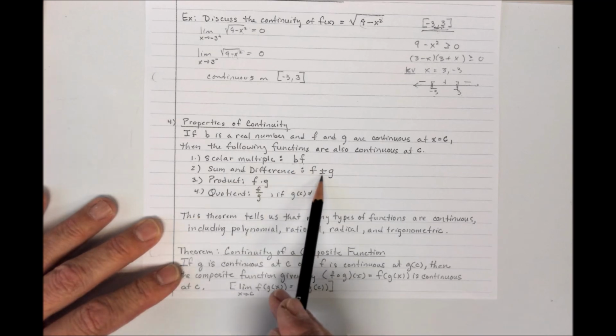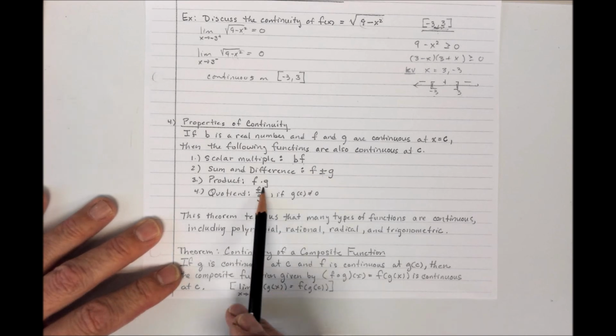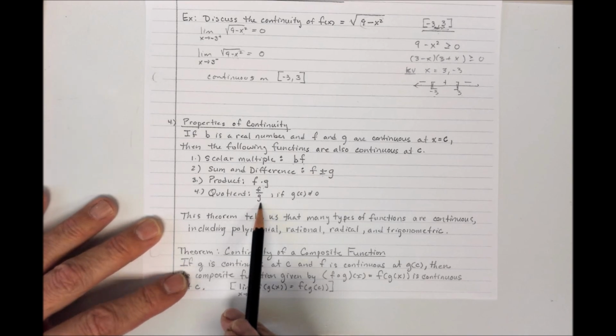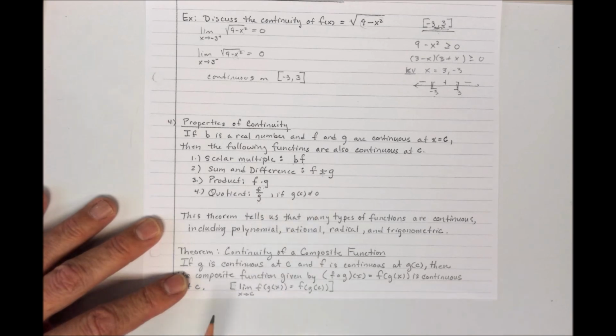The sum or difference of two continuous functions is continuous. The product of two continuous functions is continuous. And the quotient of two continuous functions is also continuous for all values where it's not going to give me 0 in the denominator. So as I mentioned before, this type of theorem tells us that we've got all sorts of continuous functions: polynomials, rationals, radicals, and trig functions.